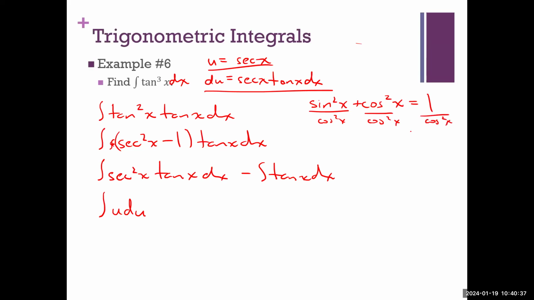If I do that, I get tangent squared of x plus 1 equals secant squared of x. Then you just solve for it. If you isolate secant squared, you get tangent squared of x minus 1. Thank you. I just rewrote it.